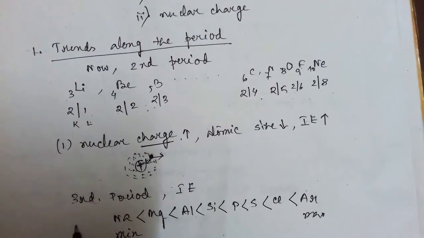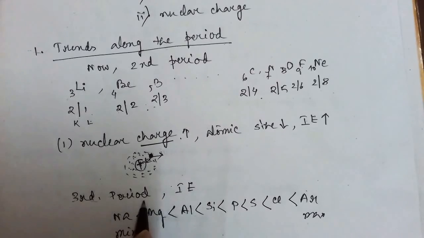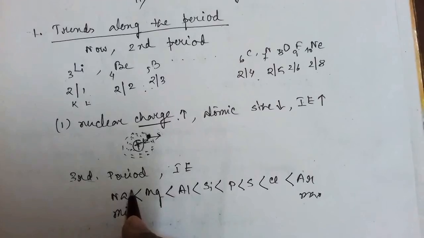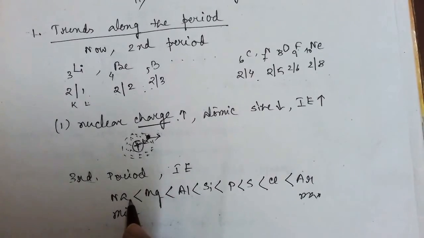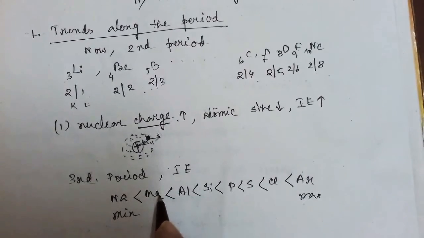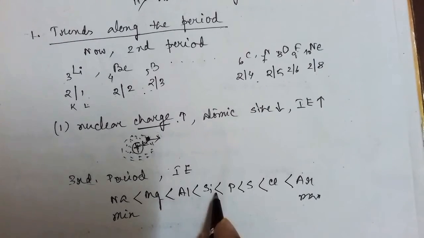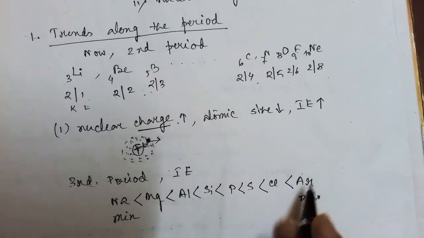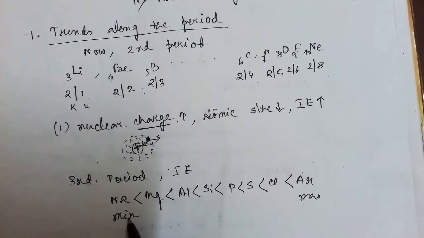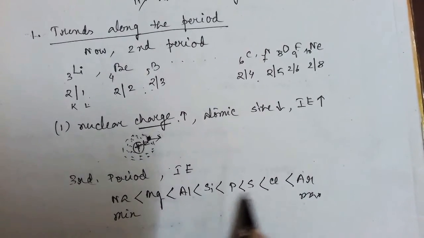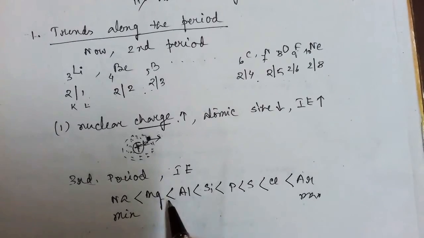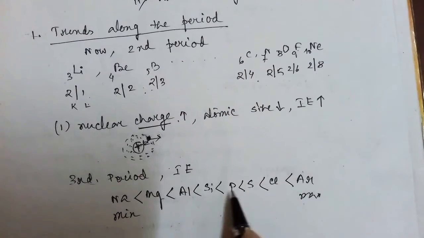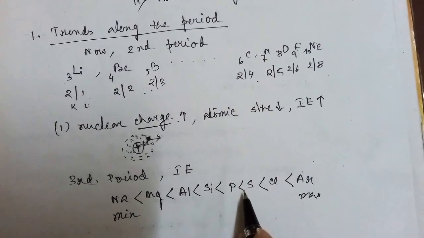And the trend is actually the same for the third period also. If we consider the third period elements, the ionization energy of sodium is the least, then magnesium, then aluminum, then silicon, then phosphorus, then sulfur, then chlorine, then argon, right? Sodium is the minimum, and along the period from left to right, as the size decreases, with the number of shells remaining constant, ionization energy increases.